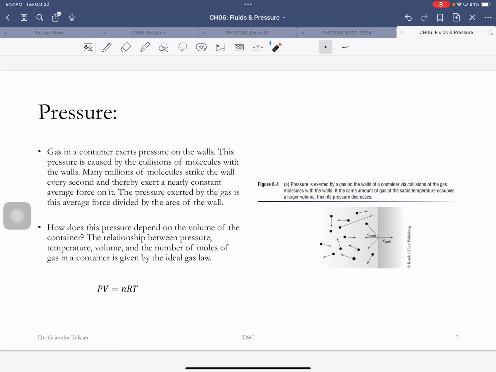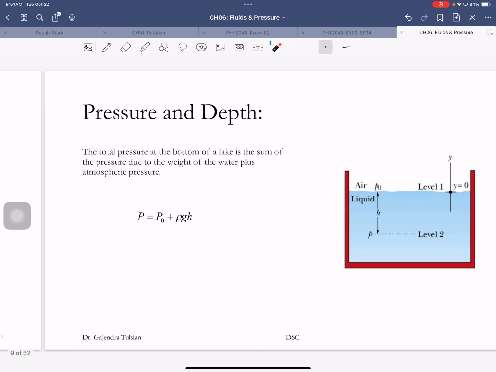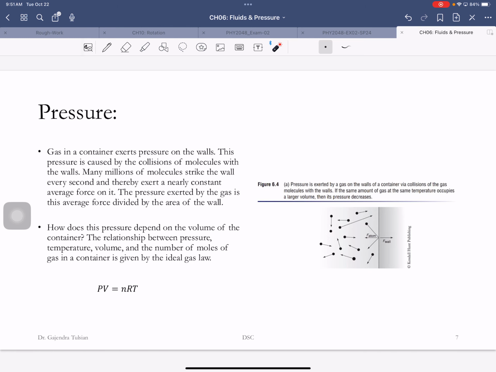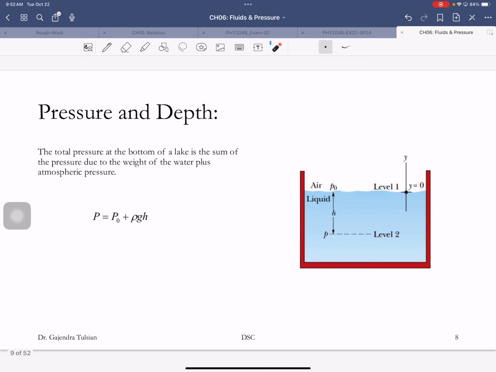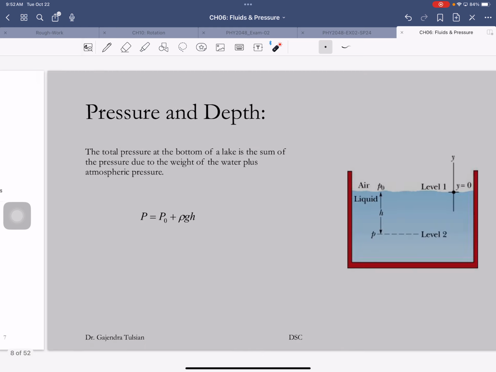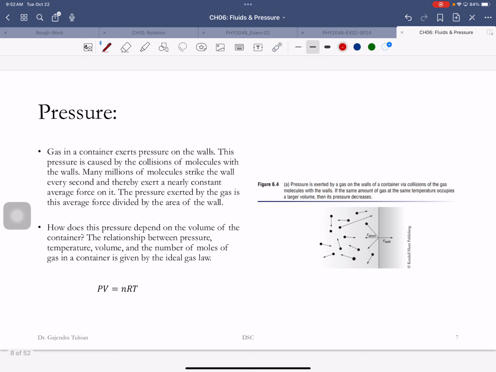So this is the ideal gas law, which gives you the relationship between pressure, volume, and temperature for a gas. What is the R? R is the gas constant, and its value is 8.314 Newton meters per Kelvin per mole.